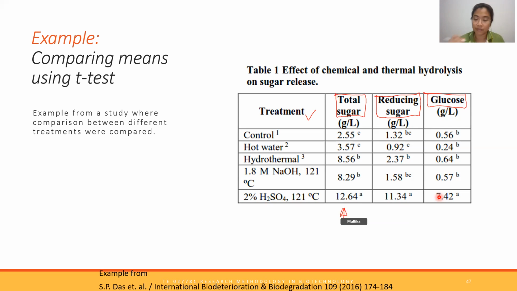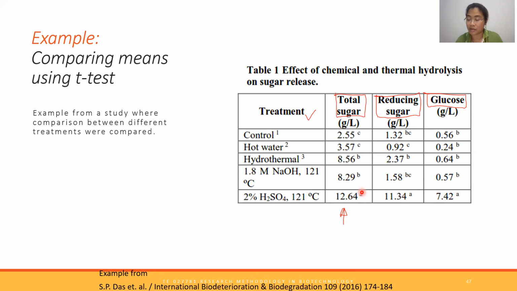Looking at the first one here, the total sugar for treatment one, which is the control, is on average 2.55. They don't put plus or minus standard deviation or errors here, but when you see the letters like the C, these small letters here, you know that it could be compared.